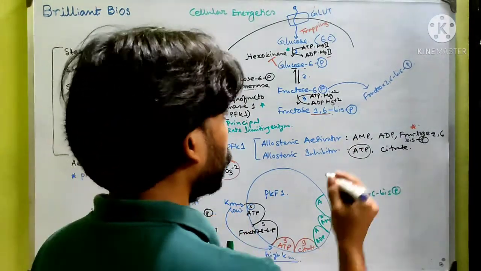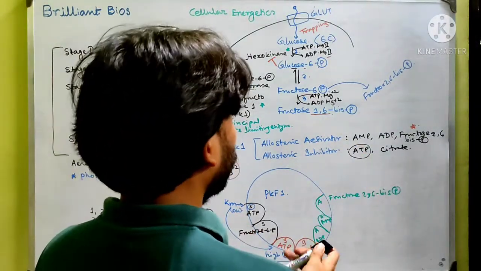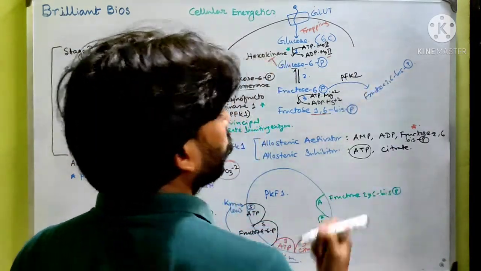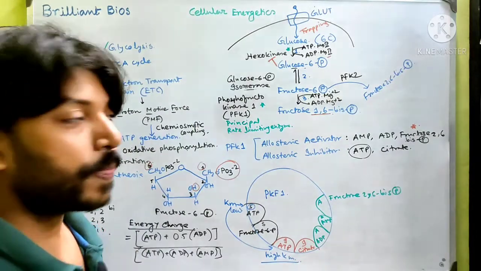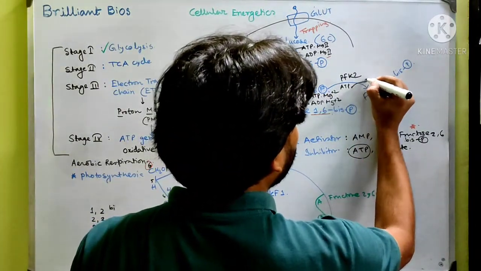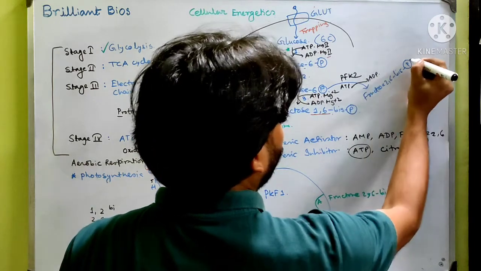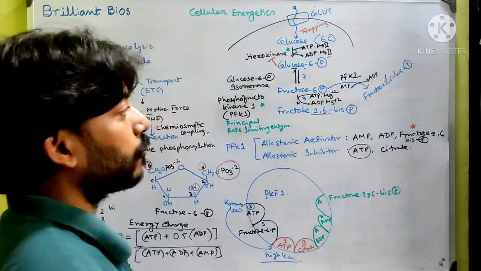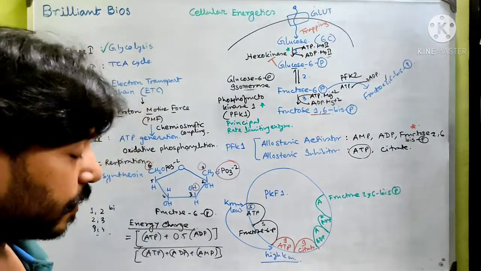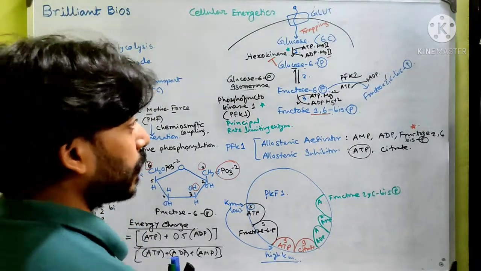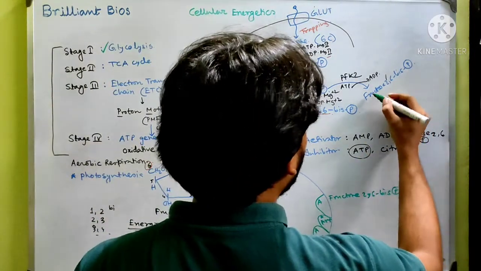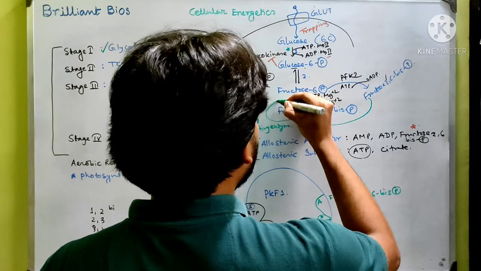The name of the enzyme is PFK2, Phosphofructokinase 2, and it also uses ATP and makes ADP and phosphorylates the 2 position of the fructose. Okay.